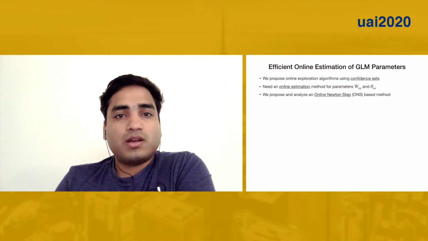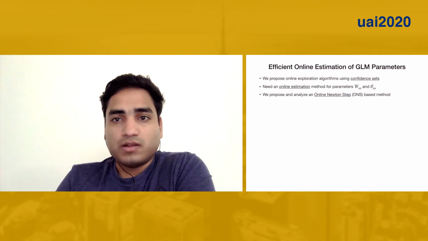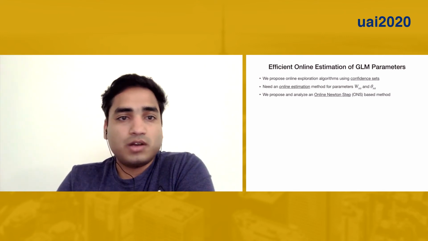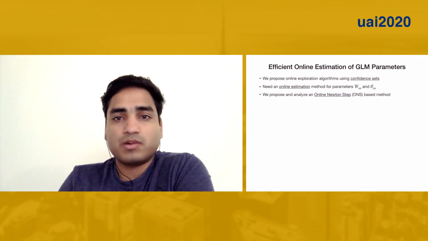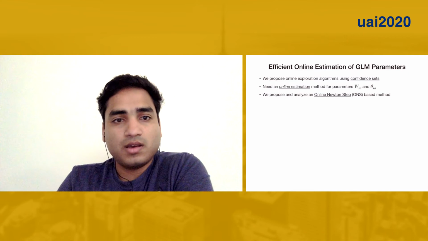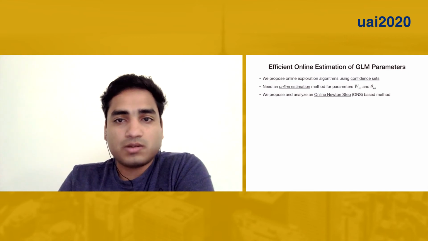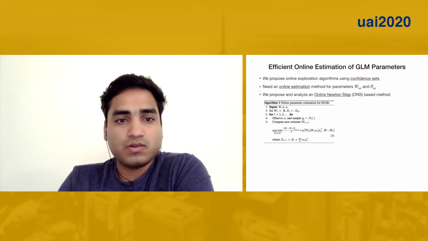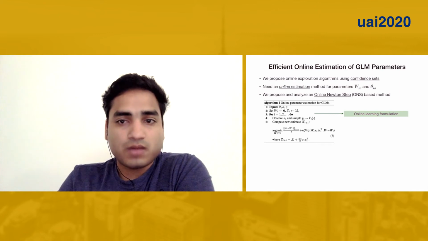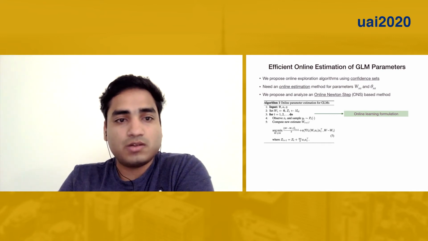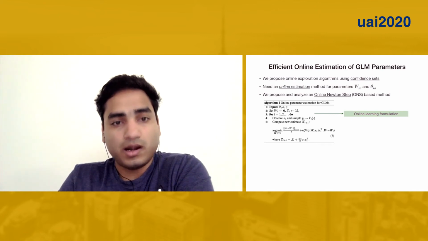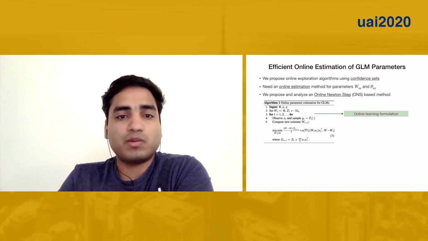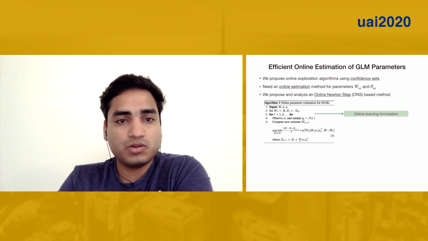We propose online exploration algorithms by building confidence sets. As such, we will need to build an online estimation method for these parameters W_SA and theta_SA. We propose and analyze an online Newton step-based method, which works as follows. We first give an online learning formulation of the problem, where the agent observes the context x_t and one sample from the corresponding categorical distribution.